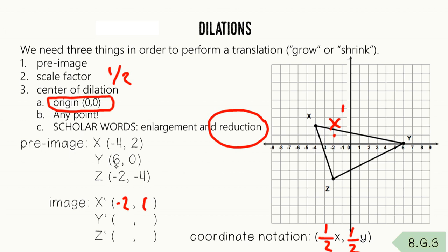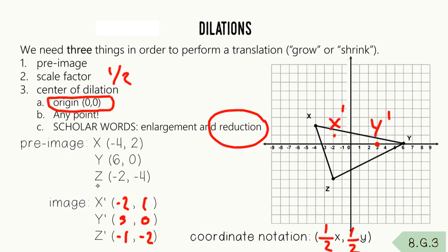And my y, half of 6 is 3, and half of 0 is 0. My new y, called y prime, will be located at 3, 0, and I'll immediately label it y prime. And my final point, z, half of -2 is -1, and half of -4 is -2.